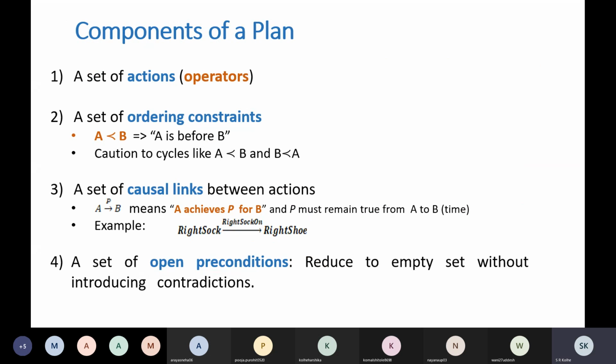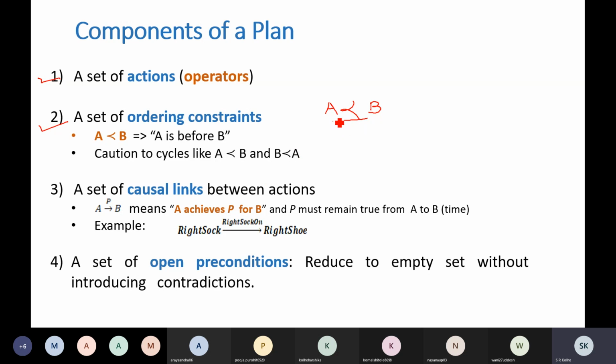Now, what are the components of a partially ordered plan? We will have a set of actions, as in the goal stack planning we saw. We have operators. Along with this, now here we will have ordering constraints. For example, the ordering constraint shown here is A is less than B. What is the meaning of this?